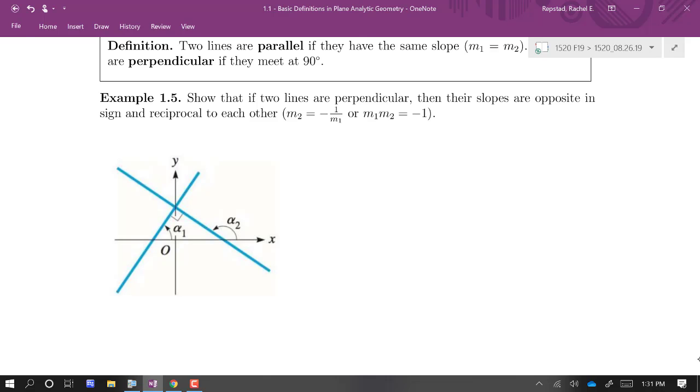One line has an inclination of alpha 1, and one line has an inclination of alpha 2. So their slopes are tan of alpha 1 and tan of alpha 2. Our goal is going to be to show that tan of alpha 1 and tan of alpha 2 are opposite reciprocal values to each other. We're going to start just by using the fact that they're going to intersect at 90 degrees up here.